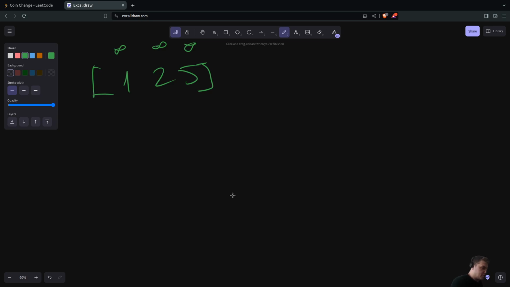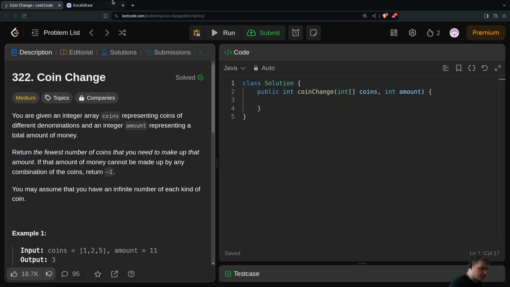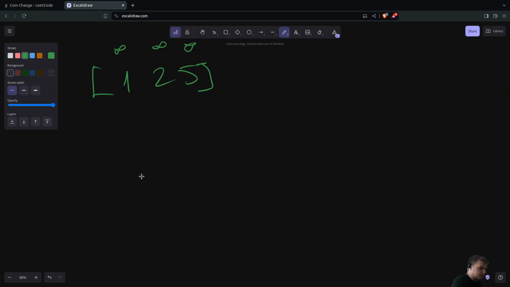So let's say the amount is 11. Call this array coins, amount is equal to 11. And I need to figure out the fewest number of coins I need to add up to this amount.